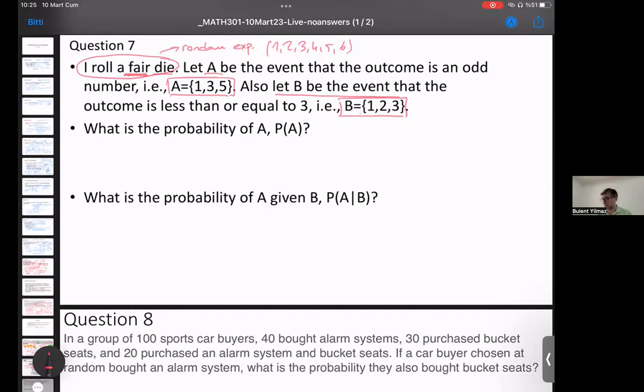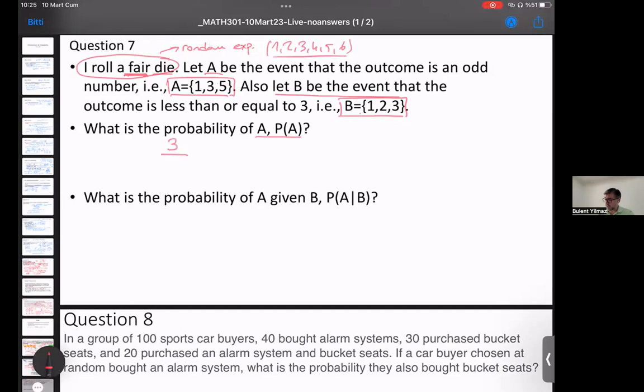What's the probability of A? That means what's the probability of obtaining an odd number when I roll a fair die? Exactly, there are three elements here.